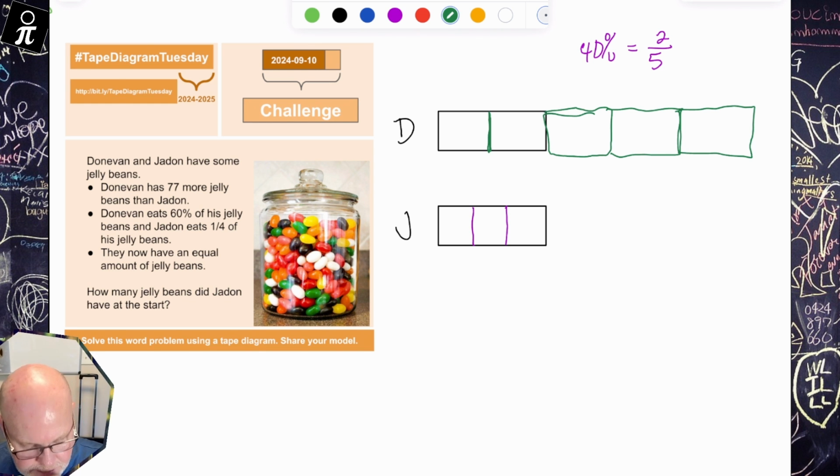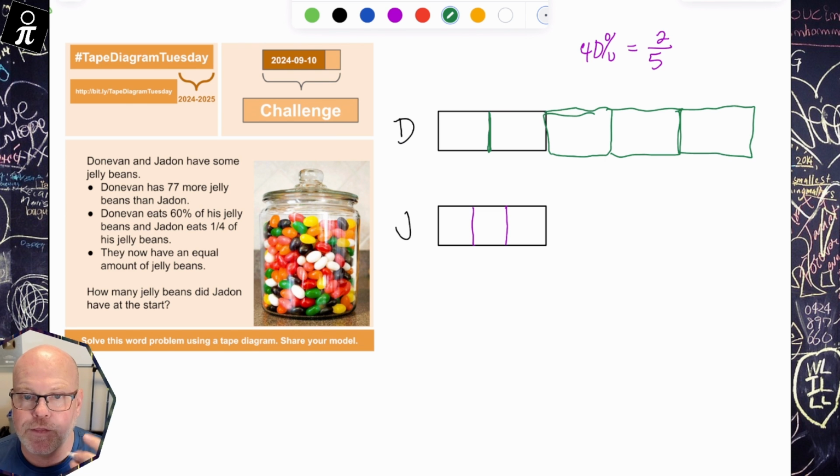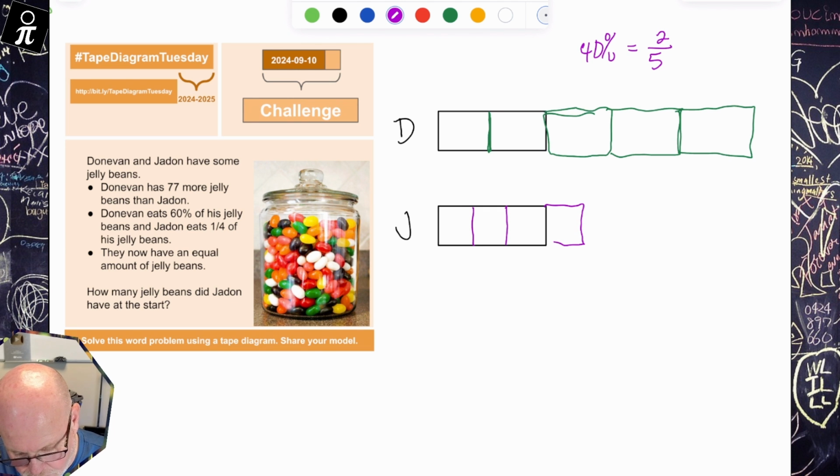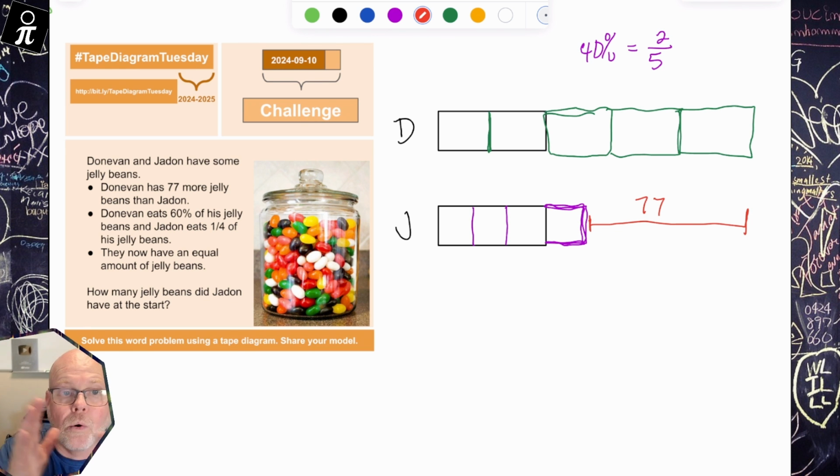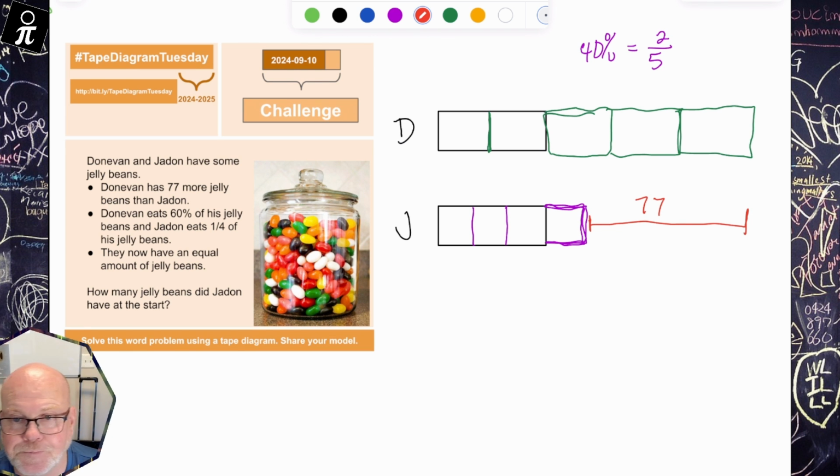And then I can see that Jaden has eaten 1/4. So we're looking at 3. We need to just add in 1 more 1/4 right there. And then the distance from here to here is the 77 jelly beans that Donovan had more than Jaden.